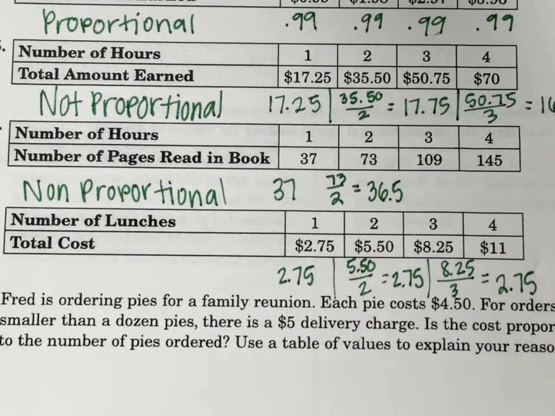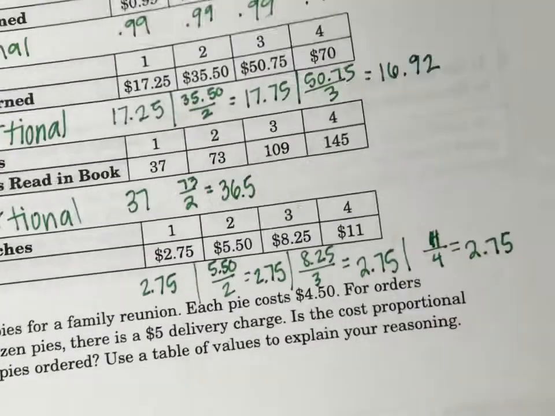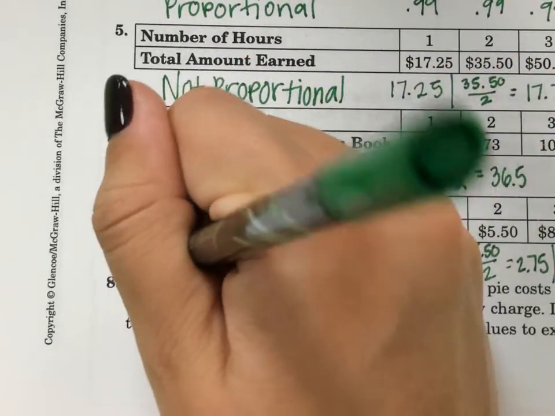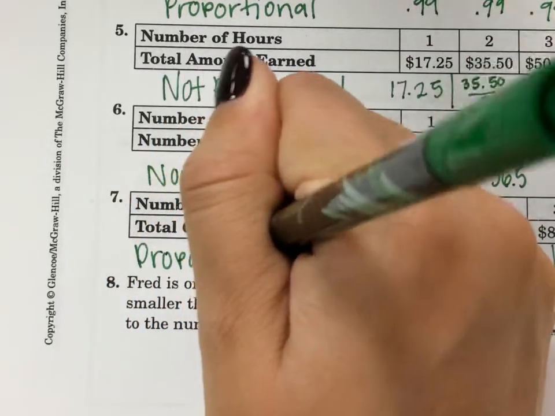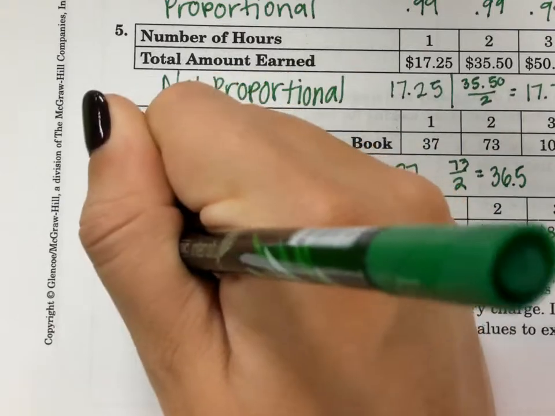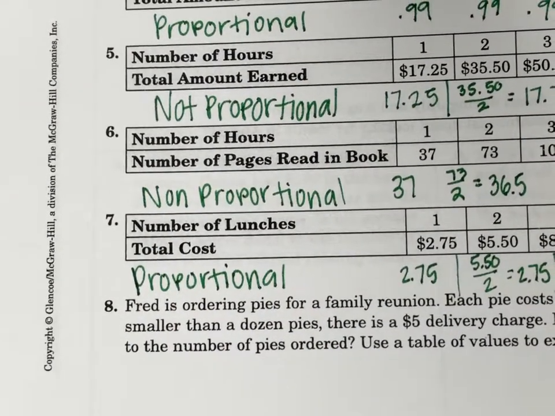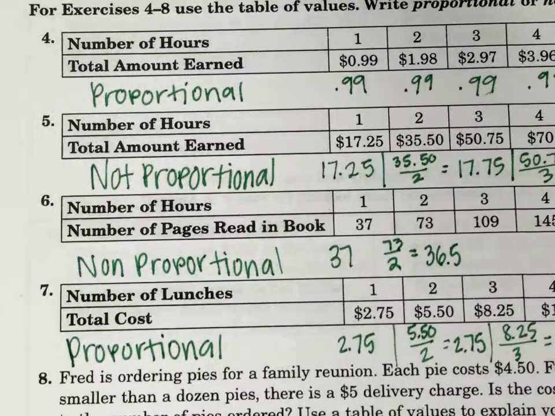And 11 divided by 4. 2.75. So what is this one? Proportional.